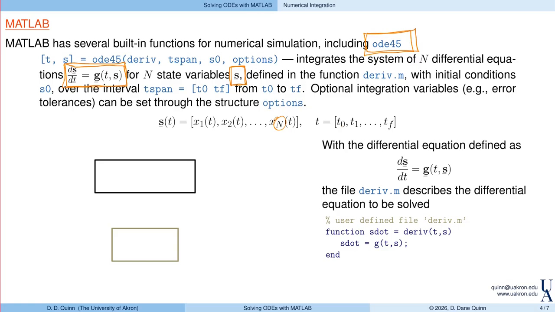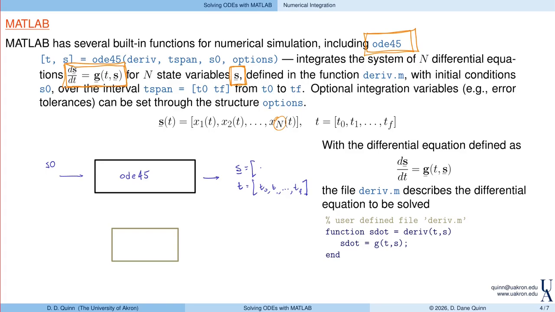So if I think about how MATLAB actually uses this, essentially we have this ODE 4.5. That's our MATLAB function, and it needs the initial conditions, and then it gives us S and T. Of course, T is T0, T1, all the way up to T final.